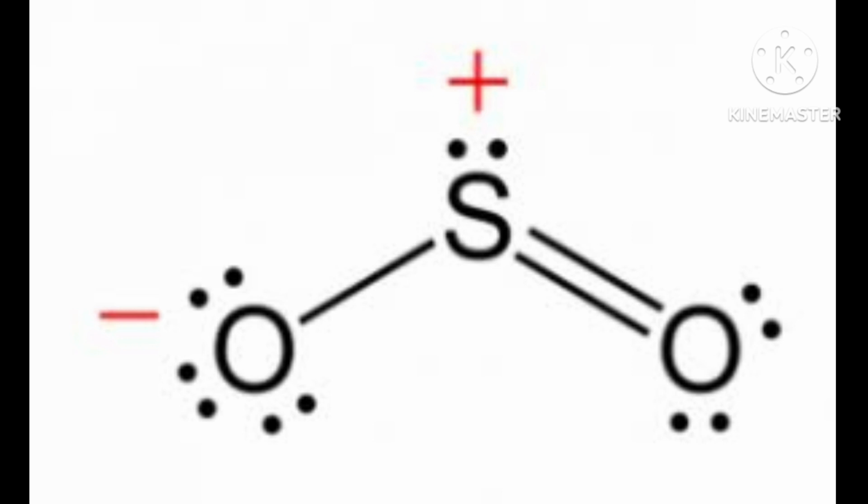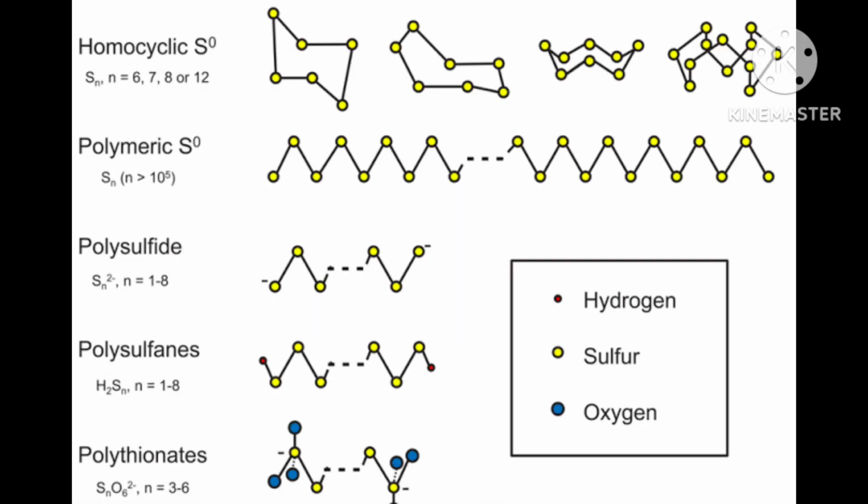It gives two products: 2Fe2O3 plus 8SO2. The gas SO2 you got, after drying, is liquefied under pressure and stored in steel cylinders.